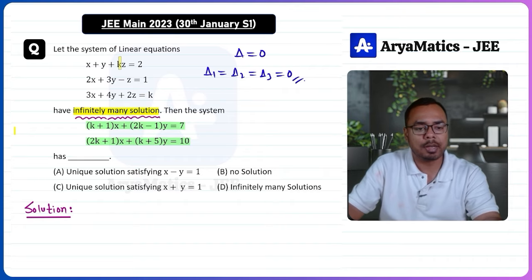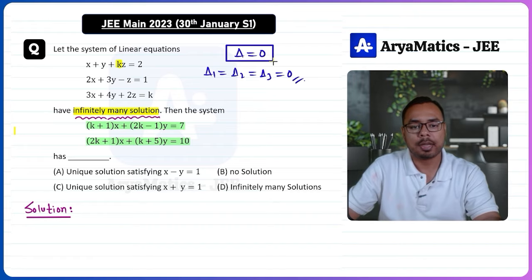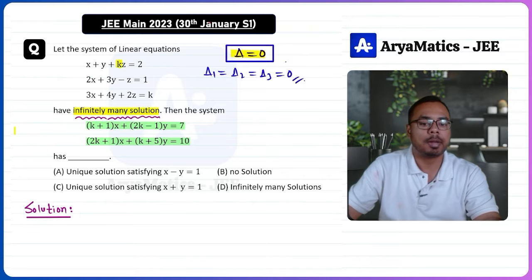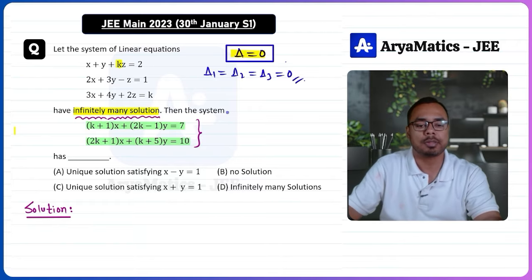Now, because there is only one unknown, k, using this condition, delta equals 0, we can get the value of k, right? And once we have the value of k, then we can comment about whether this system will have a unique solution, no solution, or infinitely many solutions.